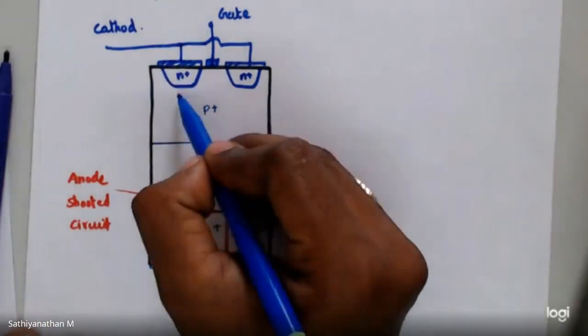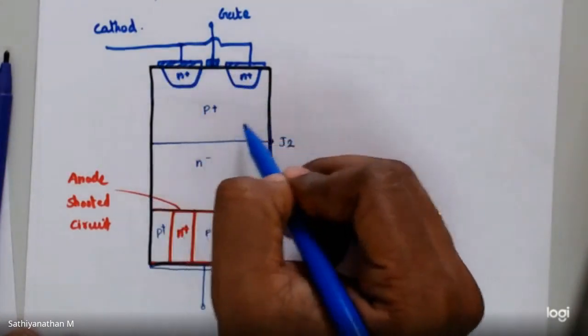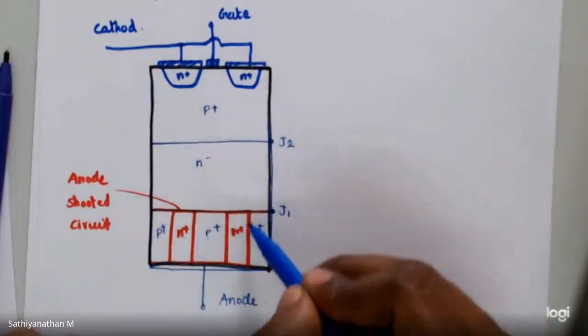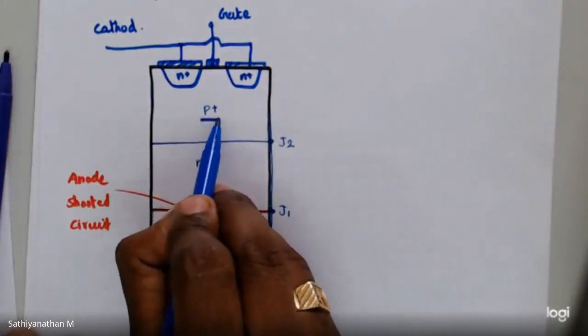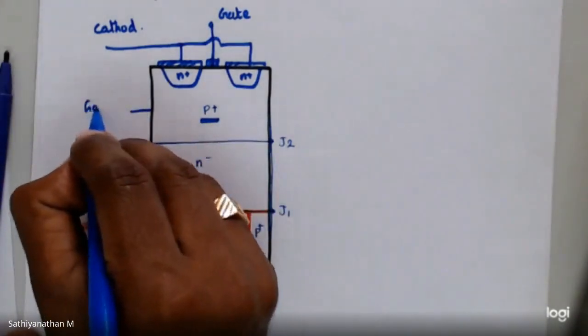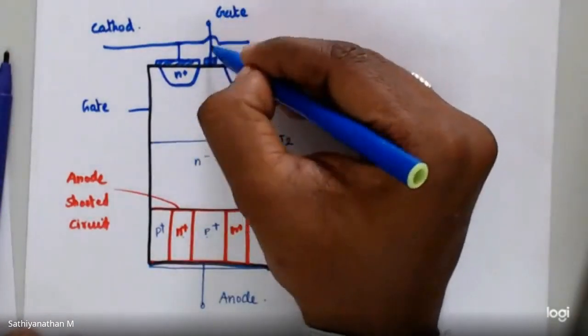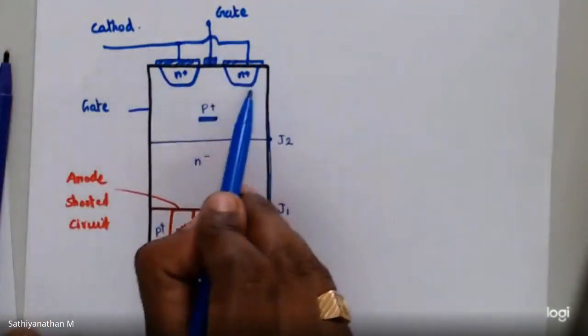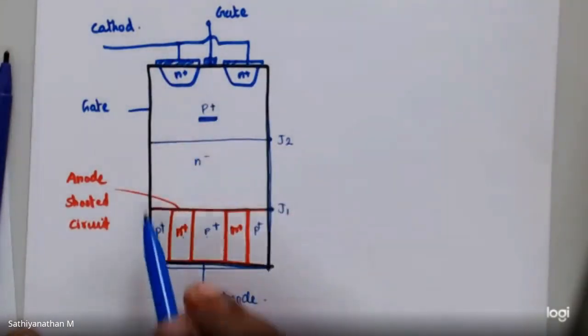So these three layers form an NPN transistor, and these three form a PNP transistor. The common terminal is the P plus layer, which is also called the gate region. It is common to the NPN structure as well as the PNP structure.